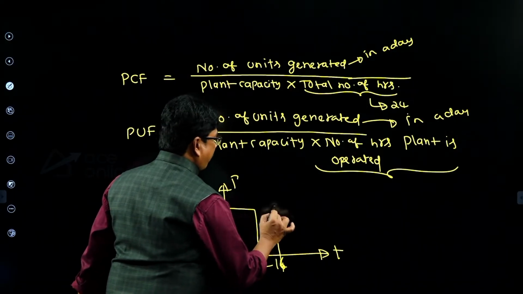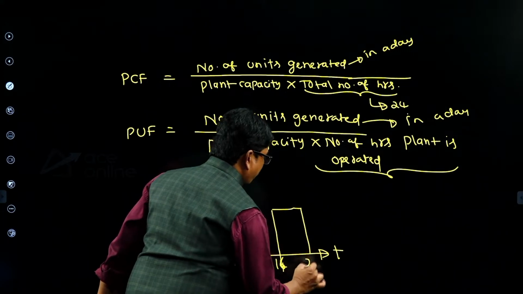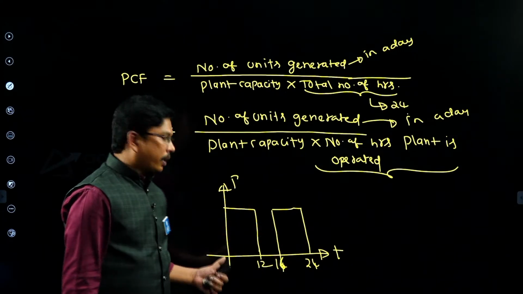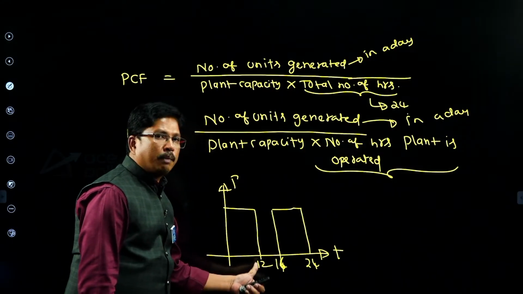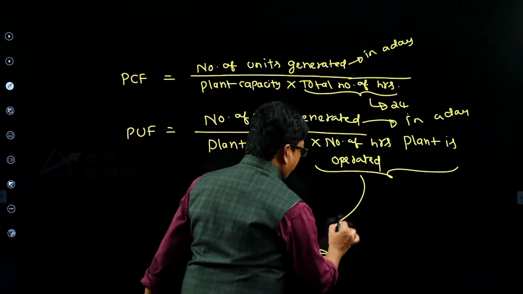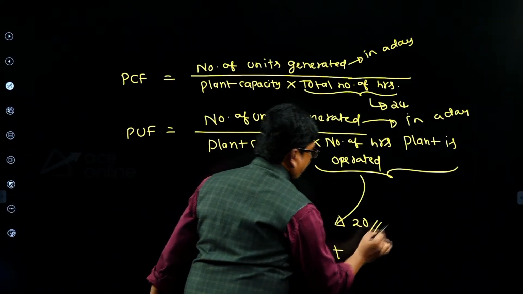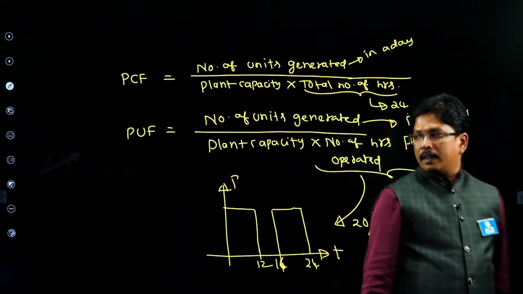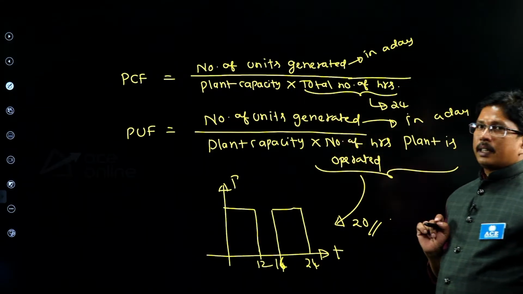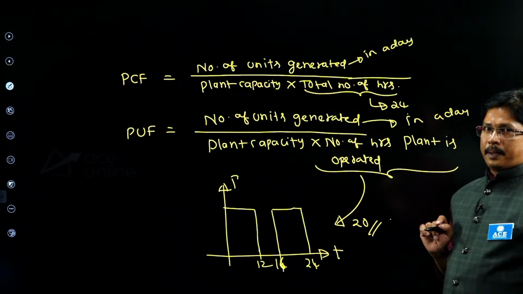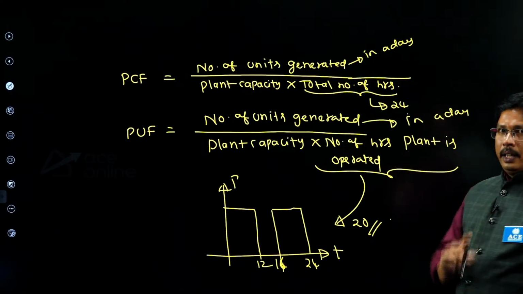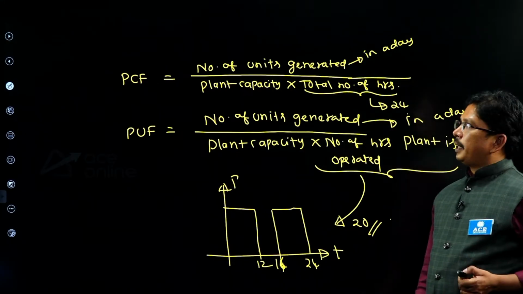For the next hours, the plant is on up to 24. Suppose this is the load curve, from 12 to 16 the plant is off. That's why the number of hours here will become 20. For 4 hours, it is off. That is the difference between capacity factor and the use factor. Got it right, students? Now we'll go for the next question here.